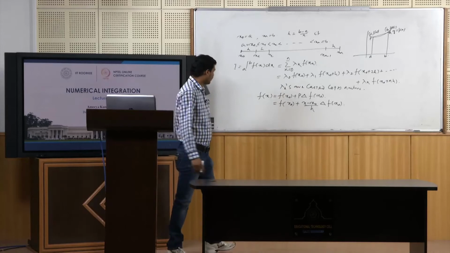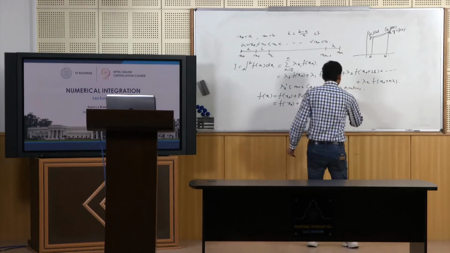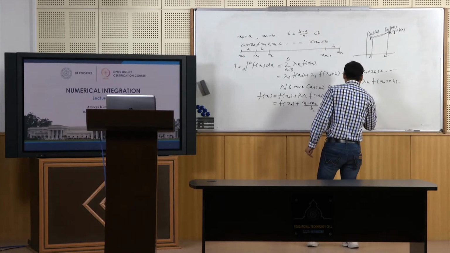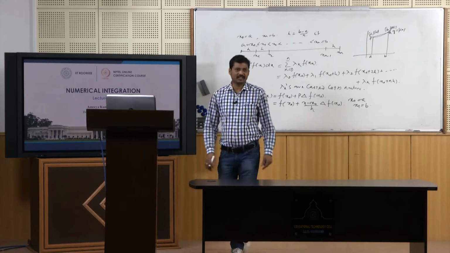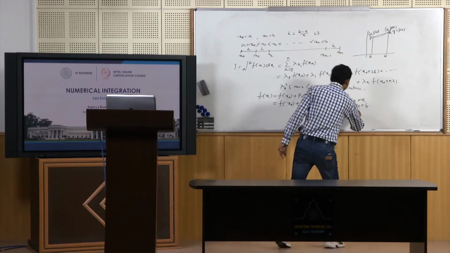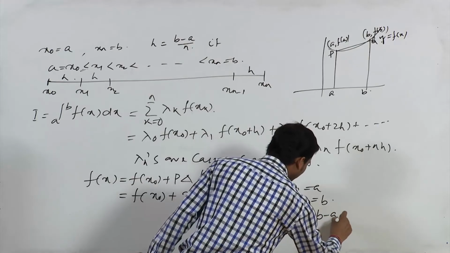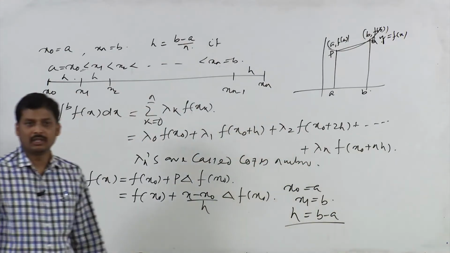where we can write x0 = a and x1 = b, and the step size h is defined as h = b − a.